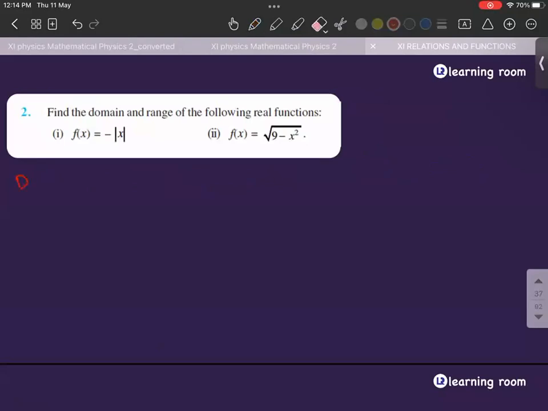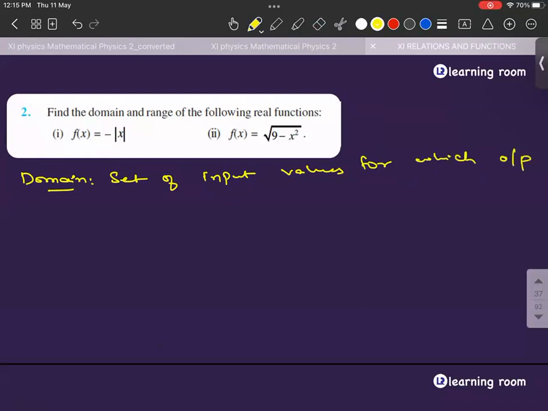So if you observe, what is domain basically? Domain is basically the set of input values for which the output is not equal to infinity.